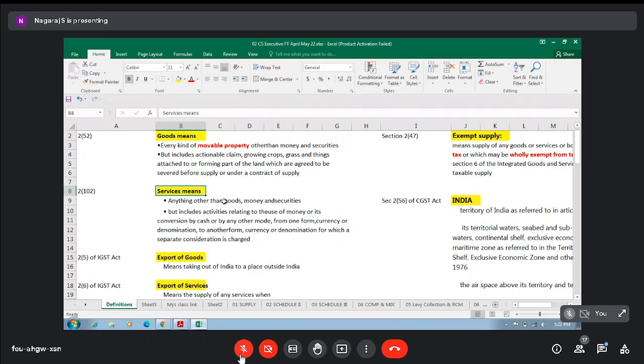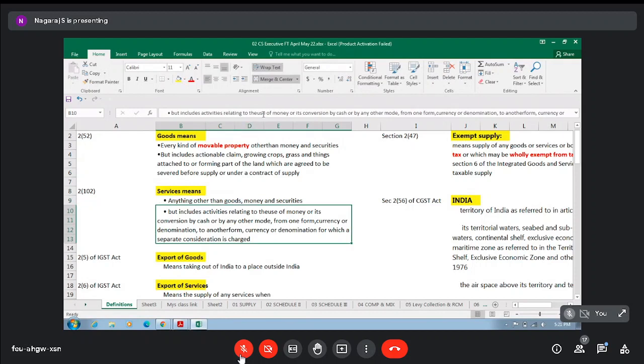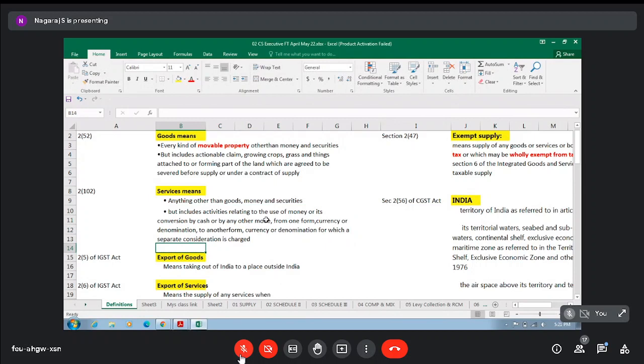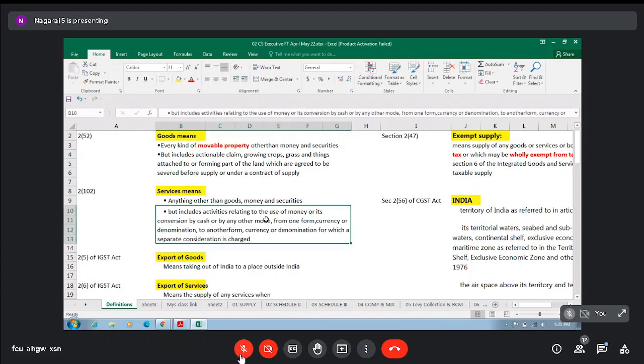Service means anything other than goods, money and securities, but includes activities relating to the use of money or its conversion by cash or by any other mode from one form, currency or denomination to another form, currency or denomination for a consideration, a separate consideration. Then this money becomes service.